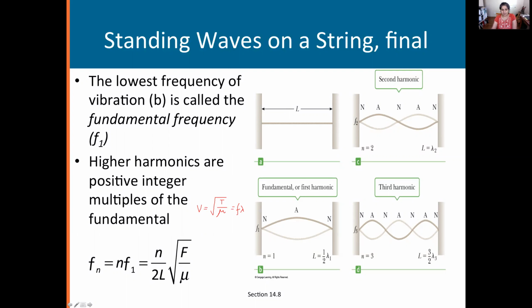So if f is my fundamental, then it's f1, lambda 1, yeah? So f1 equals velocity, which is this part, divided by lambda, and lambda is 2L divided by n, yeah? So this part comes from the lambda, this part comes from v. Okay, you need to know this formula.